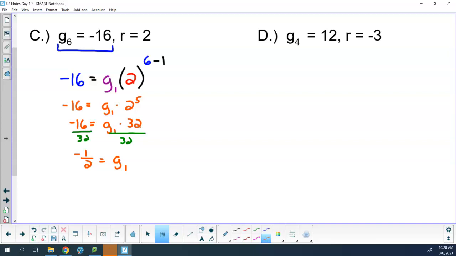So my first term is negative 1/2. Which means then that my rule is negative 1/2 times 2 to the n minus 1.